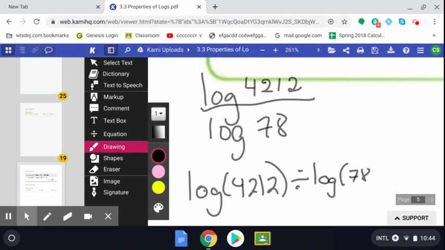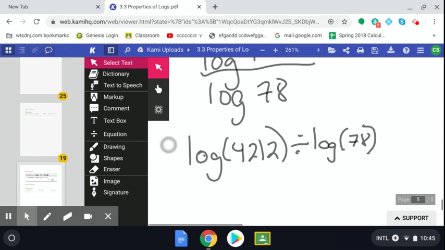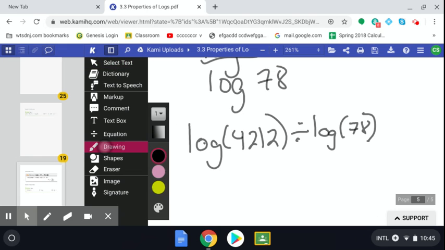And it doesn't matter if you close or not, but get in a good habit and close parentheses. When you put that on the calculator, your answer should be 1.916, rounded to the nearest thousandth.